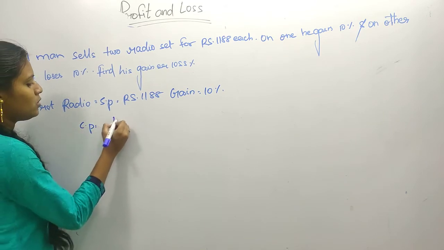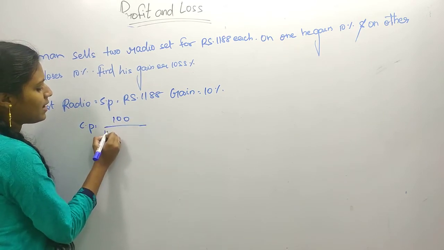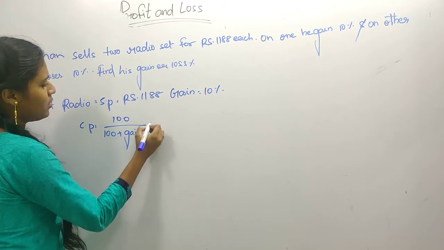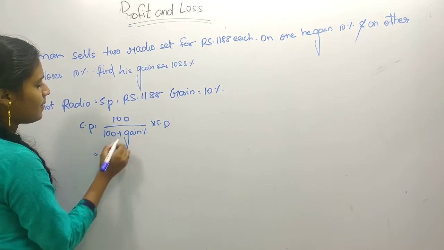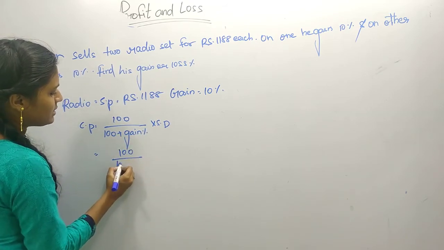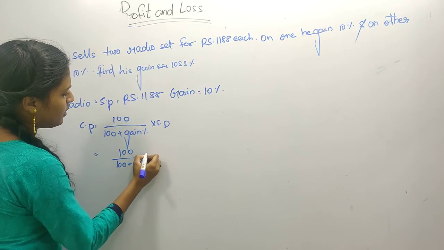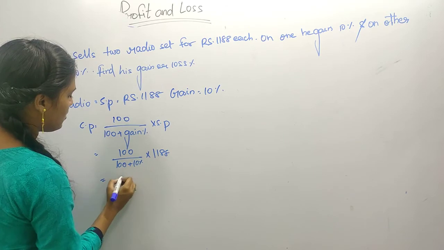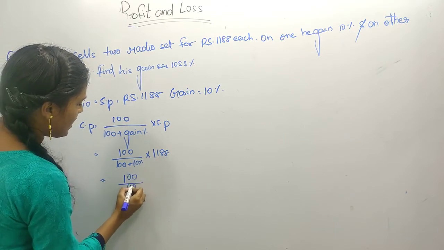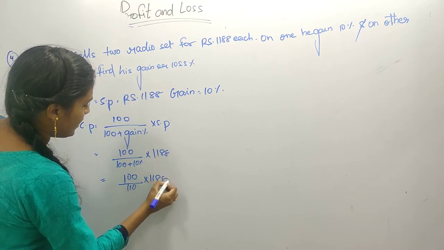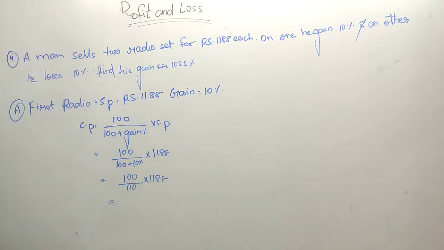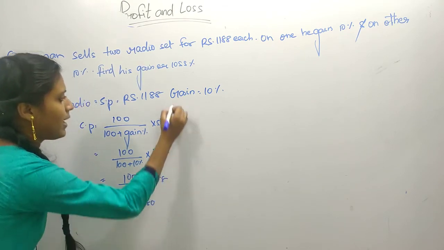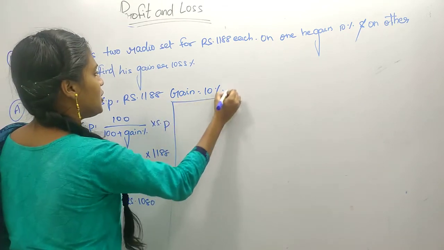Cost price is equals to 100 by 100 plus gain percent into SP. 100 by 110 into 1188. Finally, what the answer will get? Rupees 1080.